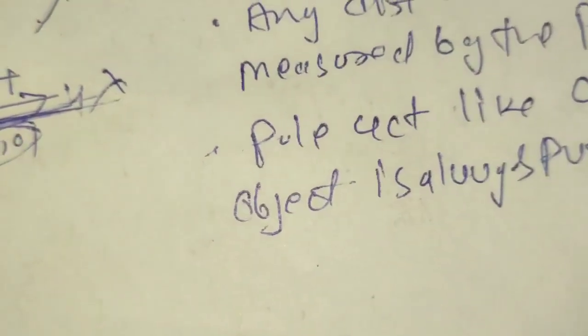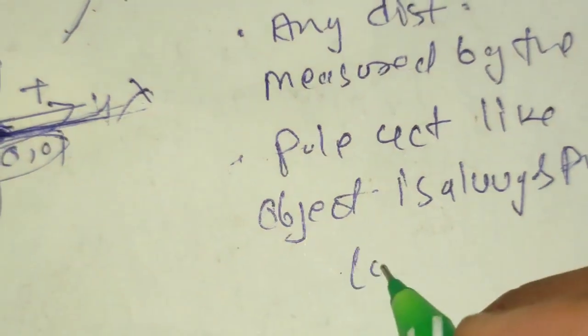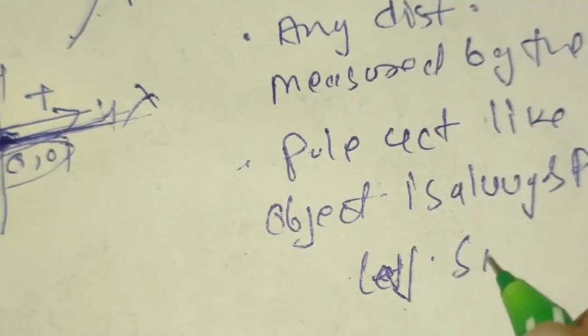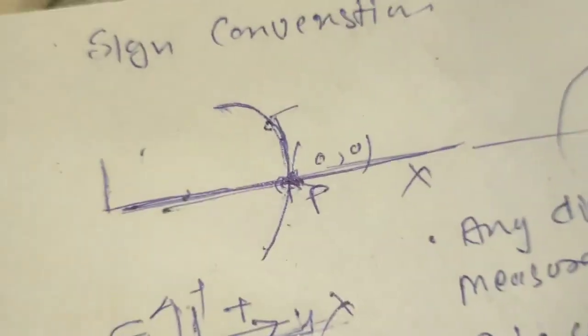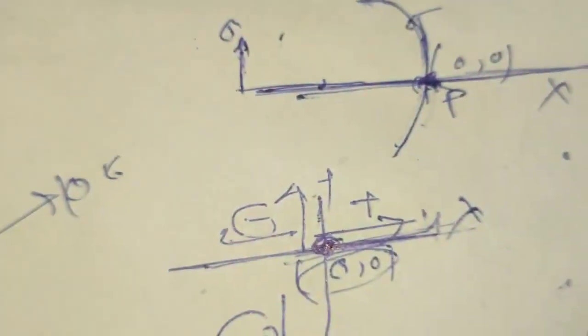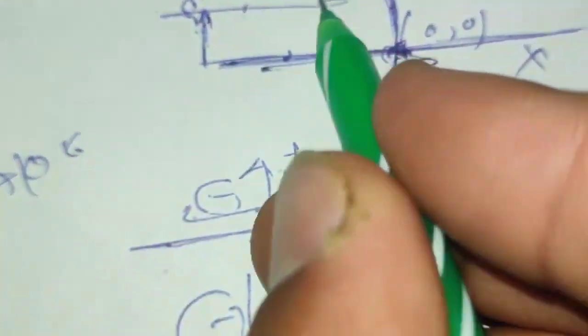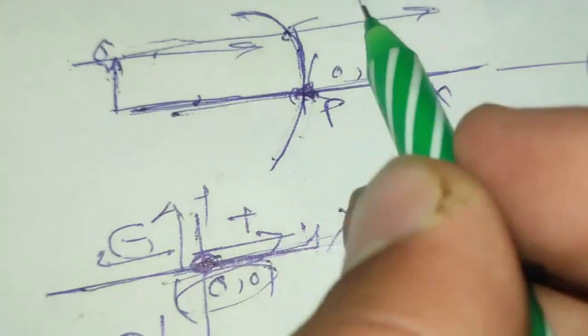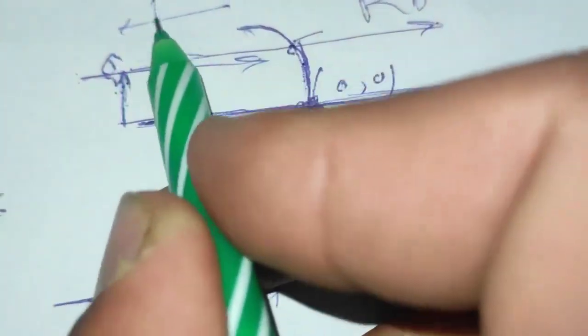Sorry for the background noise, sorry about my doggy. And second thing, since this is the object, the incident ray comes from the left. This is the right side, and this is the left side.